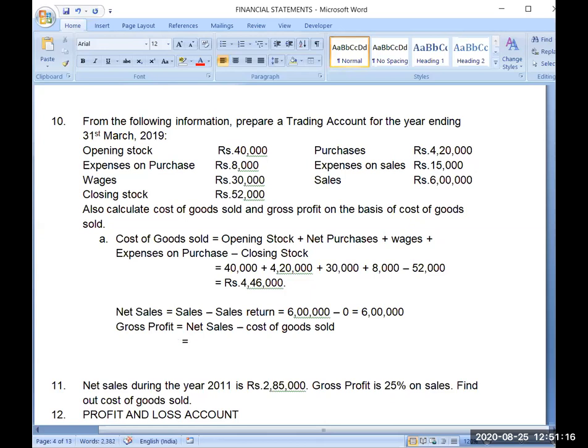Is equal to, net sales are 6 lakh minus cost of goods sold is how much? 4,46,000.